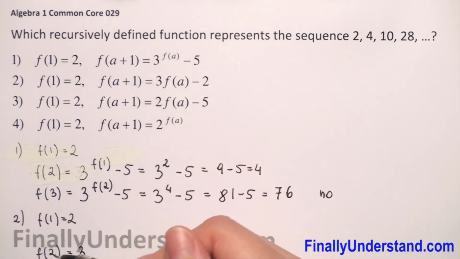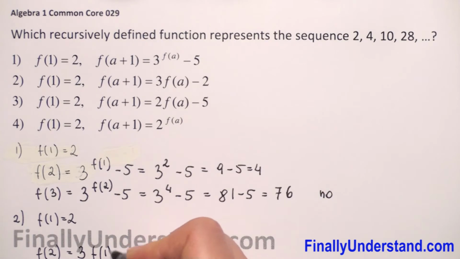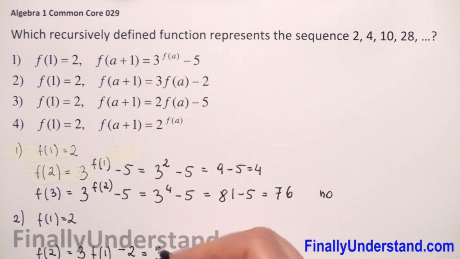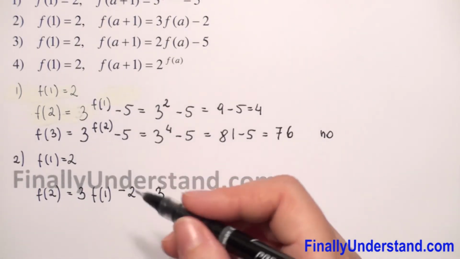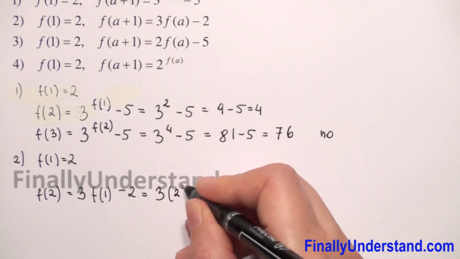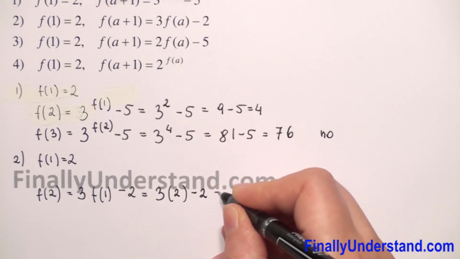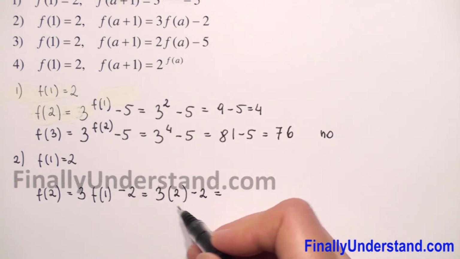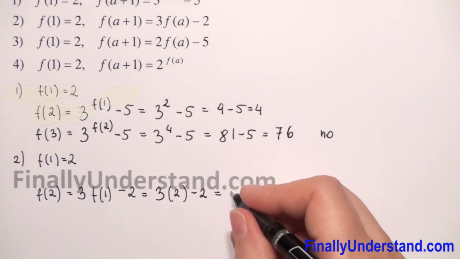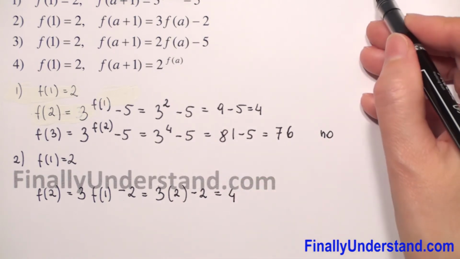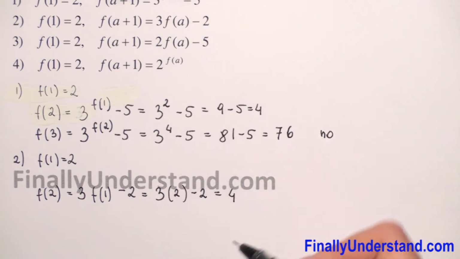The term before f of 2 is f of 1, minus 2, we copy. So this is equal to 3 times f of 1, which is 2. So it will be times 2, and we copy negative 2. So this is equal to 3 times 2, which is 6, minus 2 is 4. The second term is the same, 4 and 4.